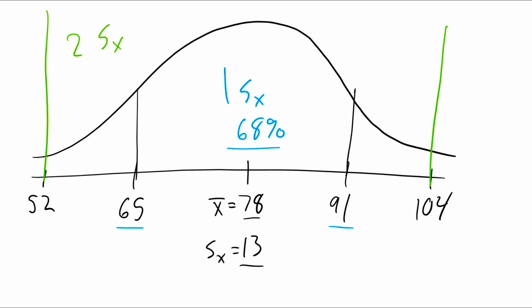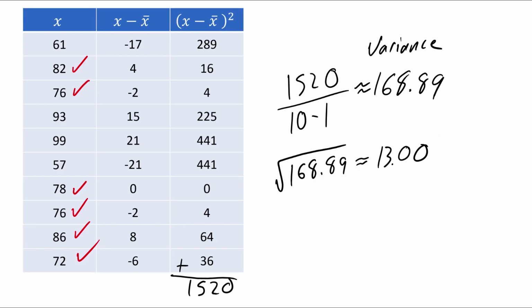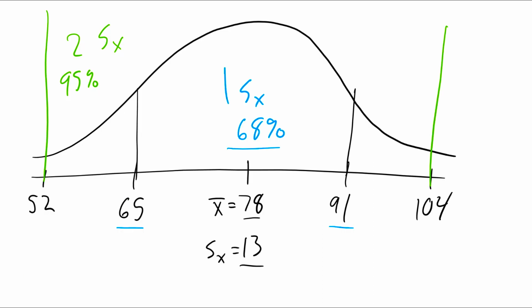And in general, that's going to be 95% of our data. It's actually going to end up being 100% of our data if we go back and look here. Every one of those data points is between 52 and 104, so all of ours are. But in general, the rule of thumb is 95%.